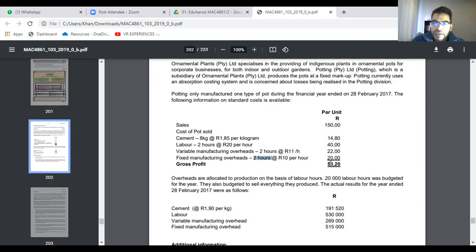Okay. So here, the gross profit is 53 Rand 20, which is 21.50 minus whatever this adds up to. Here they're telling you overheads are allocated to production on the basis of labor hours. So they're telling you now the base of allocating overheads is labor hours, which is an input.